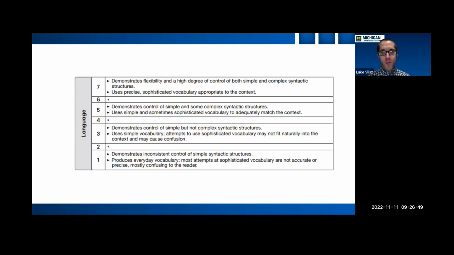When you go down to the 3, you'll see that maybe no complex structures are present at all. There are only simple structures that the student can demonstrate control over. And even lower than that, maybe the student cannot demonstrate control of the simple structures at all. So the less precise the vocabulary is, and the less control of the grammar that the students demonstrate, the more their score will be reduced.